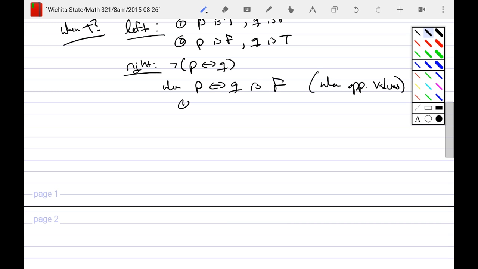But when are they opposite values? One, P is true, Q is false, or two, P is false, Q is true. Those conditions occur in only those two cases, and those conditions are exactly identical.